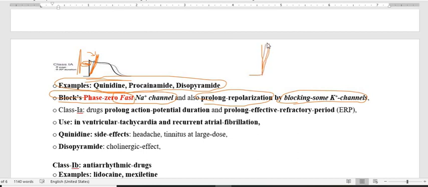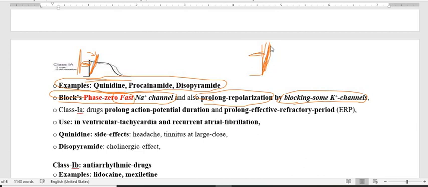Now the resultant graph is here. The rate of depolarization decreases because of the slowed entry of sodium, and you get the graph here. It also prolongs repolarization.